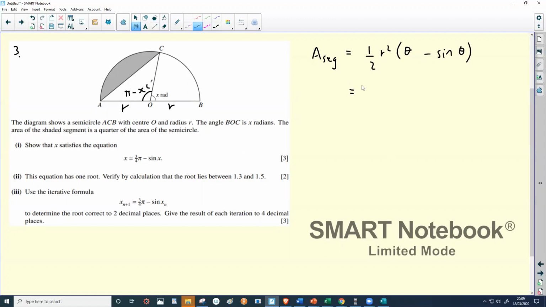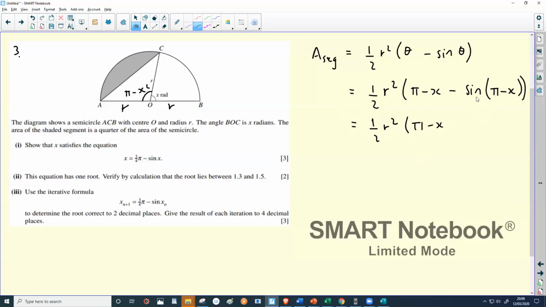So now the area of that segment is going to become a half r squared. Theta is pi minus x, minus sine in brackets pi minus x. And so with this, I get a half r squared (pi minus x) minus sine of (pi minus x).